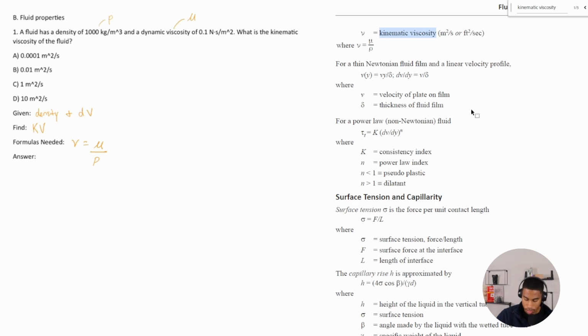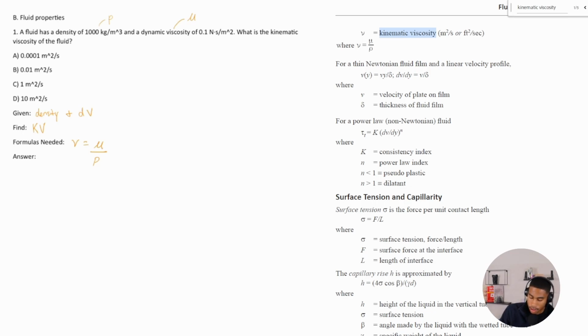Okay, so now it's just a matter of making sure our units make sense and going from there. So we have our dynamic viscosity, right? Let's just write it out for simplicity.